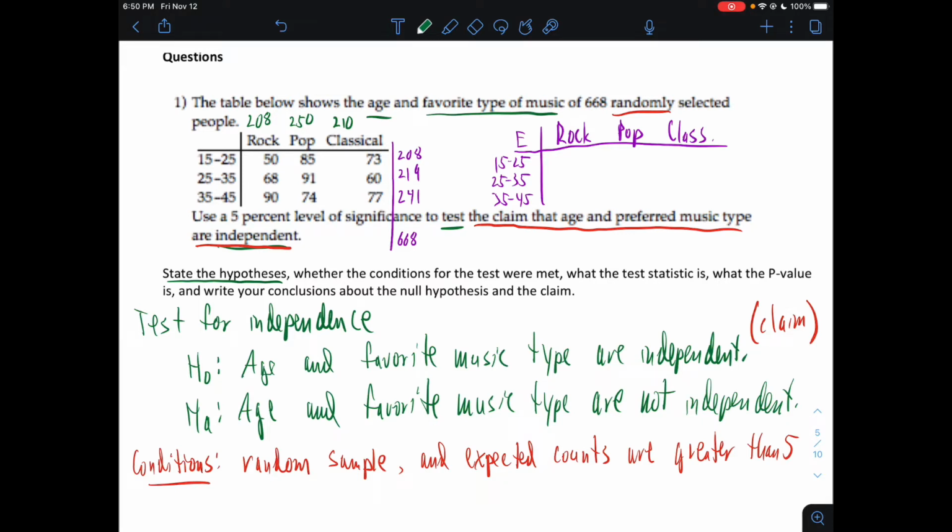So now, for the expected value, that would be for the column related to rock music and the row related to 15 to 25.